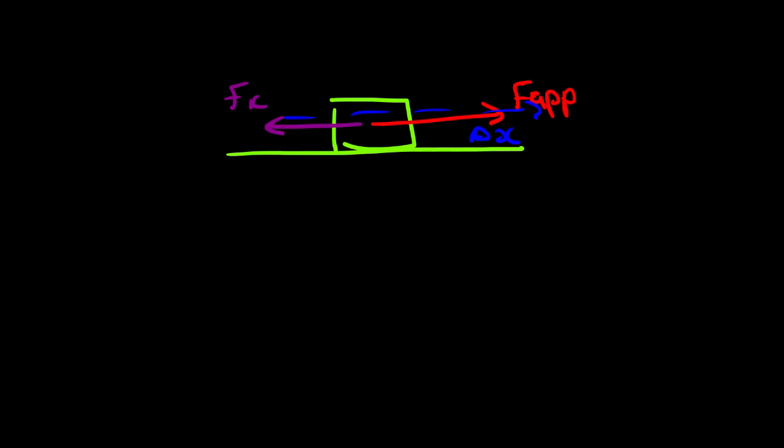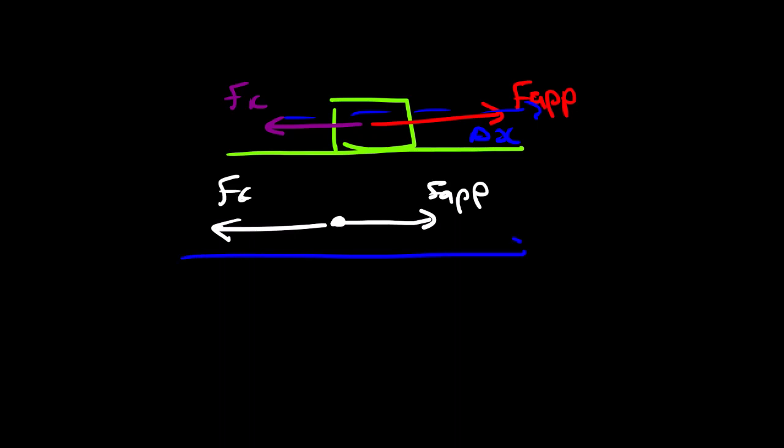It doesn't matter whether the direction of the force is to the left or right, as long as it's parallel to the displacement, then we can say that force does work on the object.